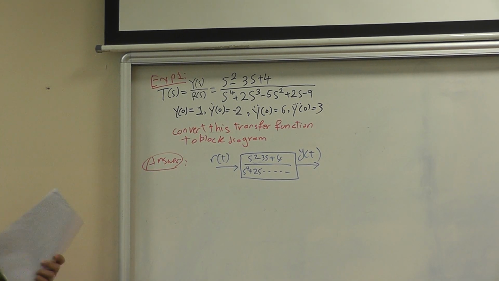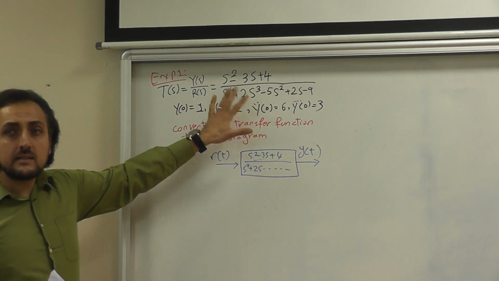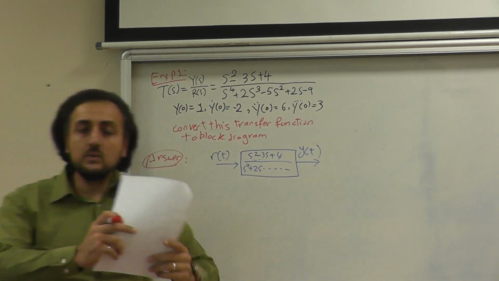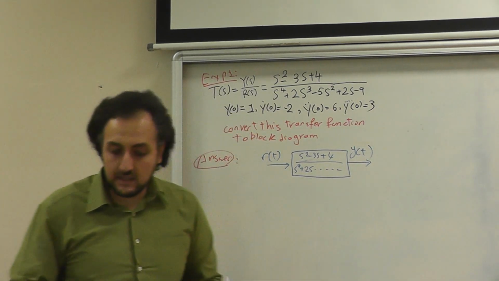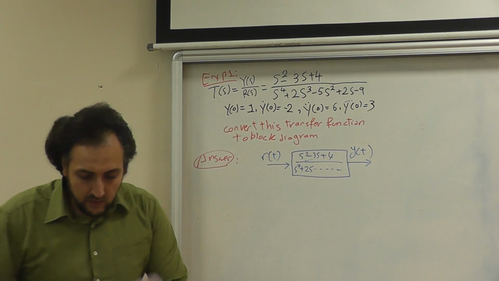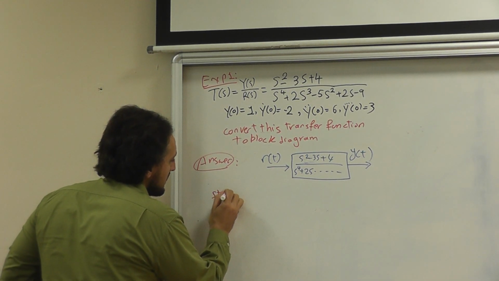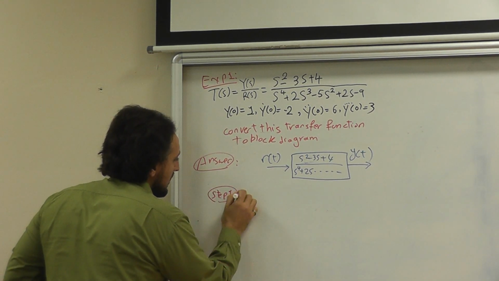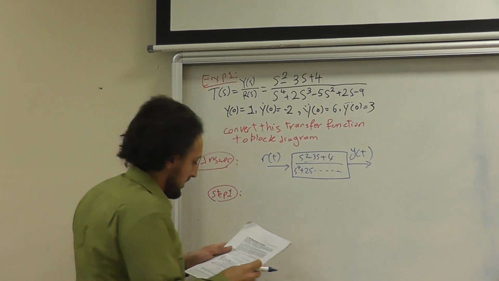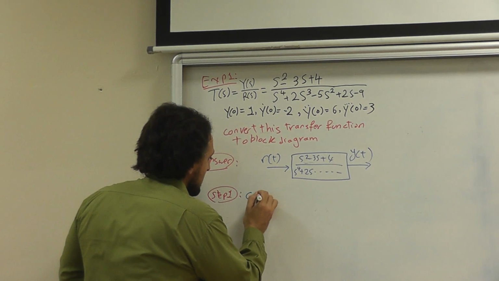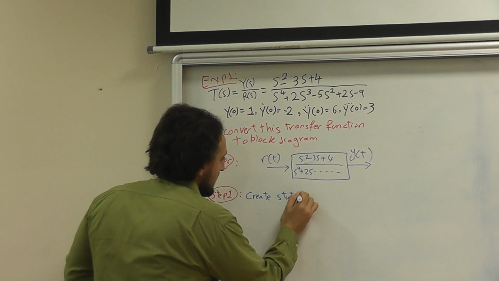Okay, step number 1. Look, solving this is not difficult, it's something easy, but you need to understand the steps. We have almost 7-8 steps, not so much. So step number 1 is create state variable.